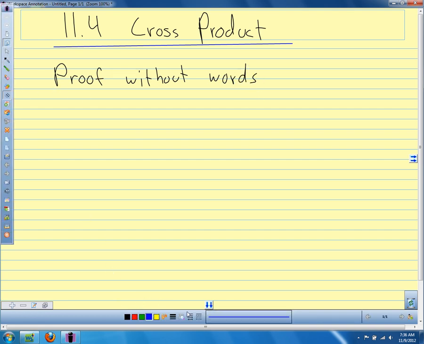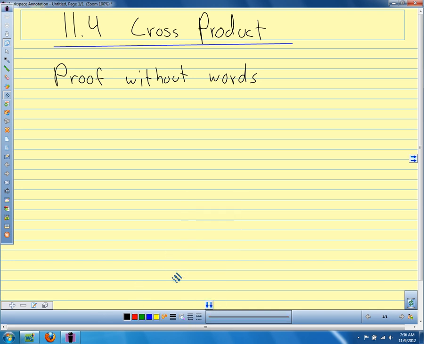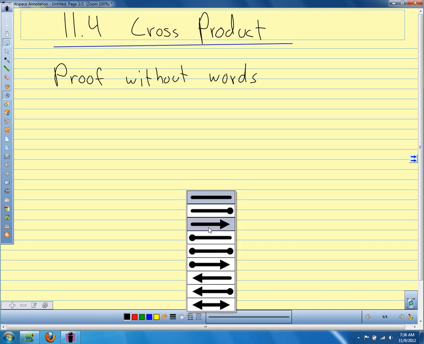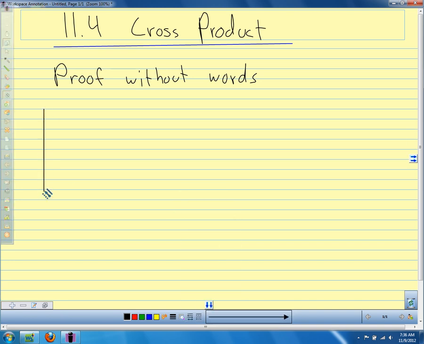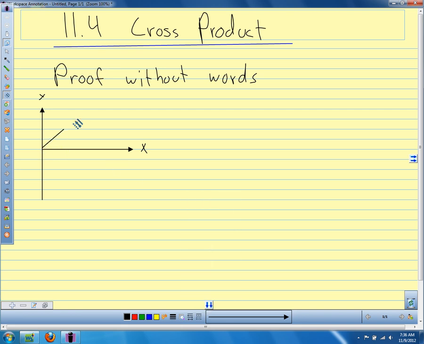So here I'll do this. I want that to be red. There we go.